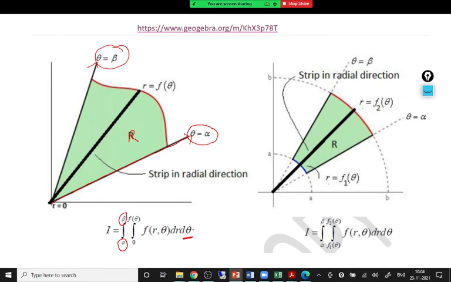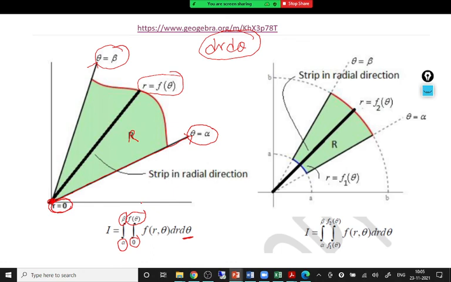There is always a fixed order in polar, that is dr d theta. Dr d theta is the order of polar double integration and that is always fixed. Outer limits are always constant. For the inner limits, you have to see where the lower end of the strip touches. The region starts at the origin, so it is r equal to 0, and the upper end touches the curve r equal to f of theta. So 0 to f of theta is the inner limits.